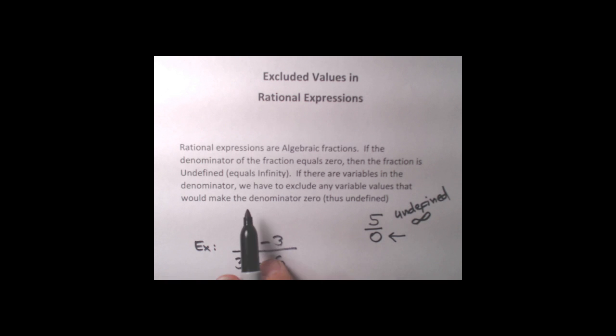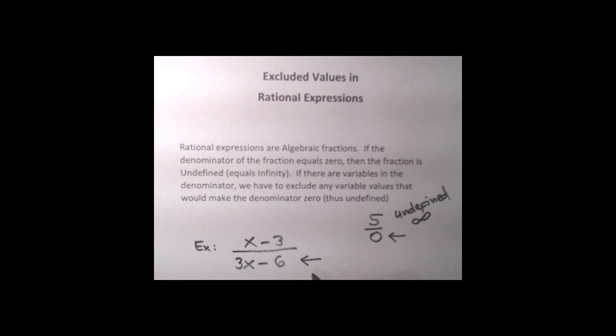So here's what happens. We have to check the downstairs of our algebraic expressions to see if there's a value of x that will make this downstairs equal to 0. Later in your math, you'll learn how to do some more complicated analyses with something like this.